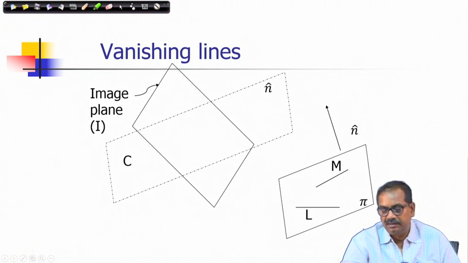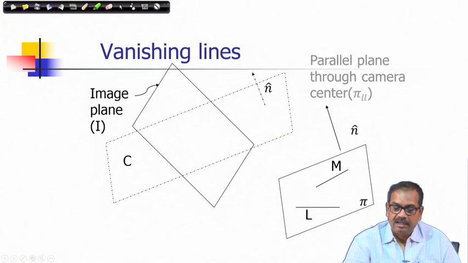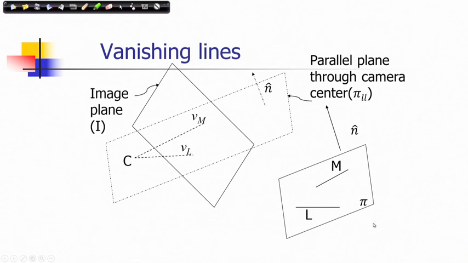So, consider a plane which is parallel to this plane, that means the normal of that plane is also the same n hat, as shown. It is a parallel plane through the camera center, and we can denote this plane as pi L as shown here.